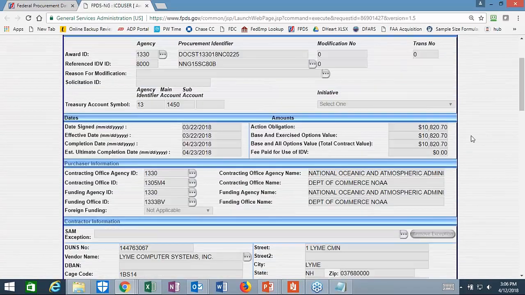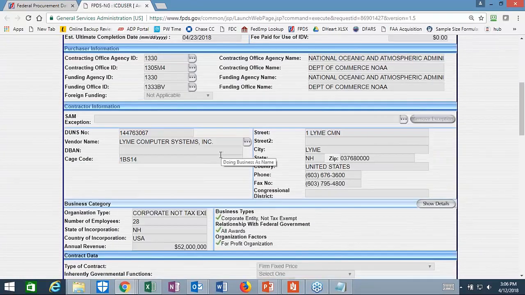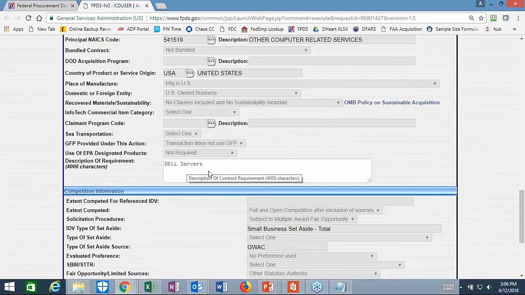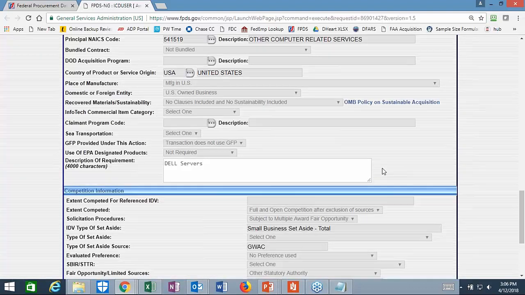You hear me? Yep. So we got an order against NASA SEWP, for Dell servers. So to me, that's saying, for whatever reason, NOAA said, look, we're not going to look at HP. We're not going to look at Toshiba, whoever else is out there making servers nowadays. Right. Yeah, I just saw 9 offers.